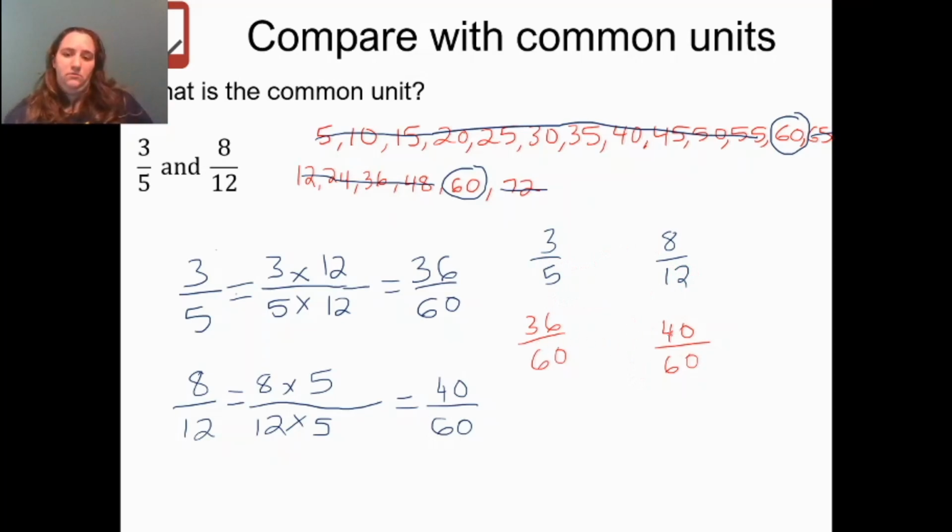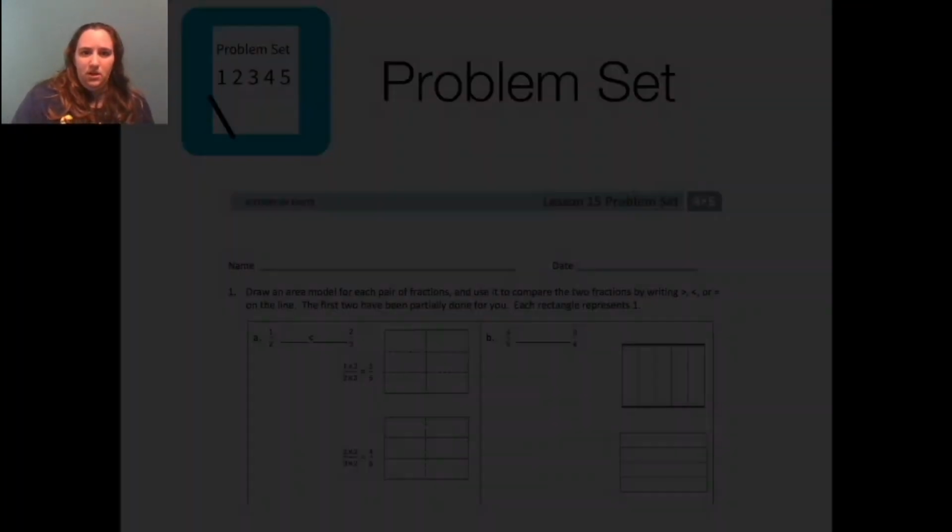Well, which one's bigger? 40 is bigger than 36, and we have my alligator facing this way, which means when we go here and we look at this, we say, well, which one is the larger fraction? 8/12 is actually the larger fraction, because when you change it to the same denominator, you can compare it equally. So, all right. And that's it.